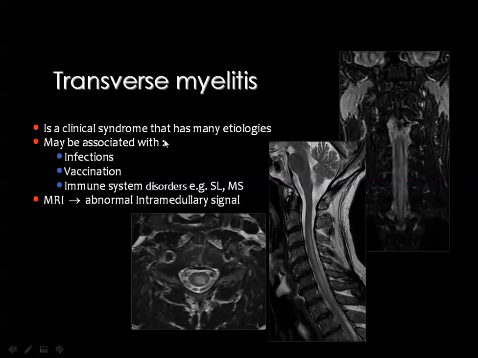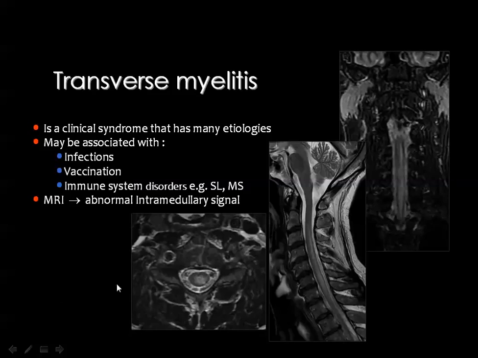It is a clinical syndrome that is caused by many etiologies, and these include inflammations, infections, vaccination, and some of the immune system disorders like the systemic lupus and multiple sclerosis. In all cases of transverse myelitis, you get non-specific MRI findings in the form of abnormal intramedullary signal.